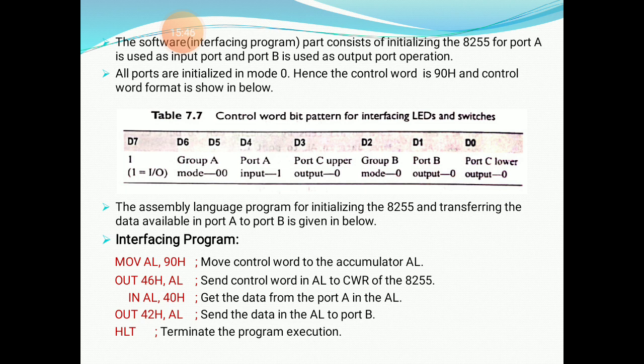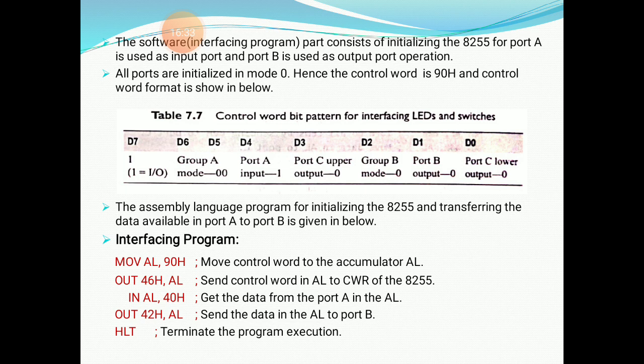Next, this switch pattern is transferred to the output port by using the OUT instruction, OUT 42H, AL, where 42H represents the port address of port B. This sends the switch pattern in the AL register to port B. After sending the switch pattern through port B, the corresponding LEDs will be on according to the switch pattern. Now stop the execution by using the HLT instruction, which terminates the program execution. This is about the interfacing of 4 switches and 4 LEDs using a microprocessor through 8255.